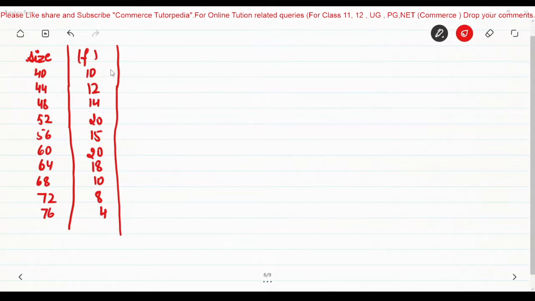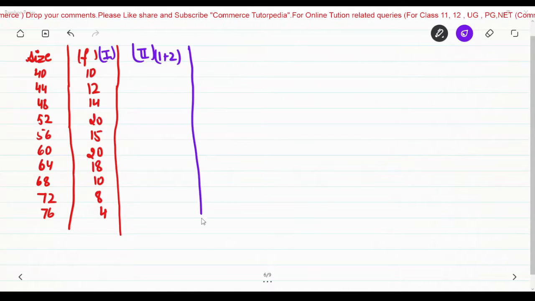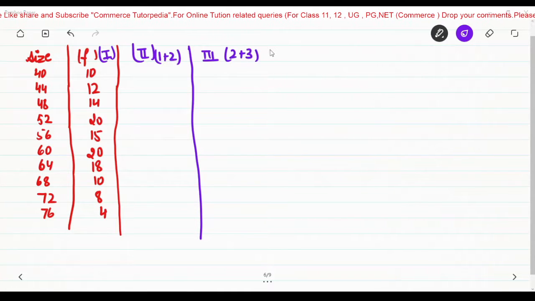So we will make a few columns over here and name them 1, 2, 3, 4, 5 and 6. We will consider the first one as our first column. In the second, we are going to add the first and second frequency. In the third, we are going to add 2 plus 3.